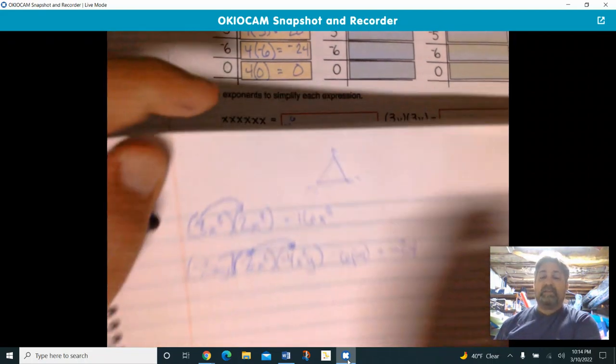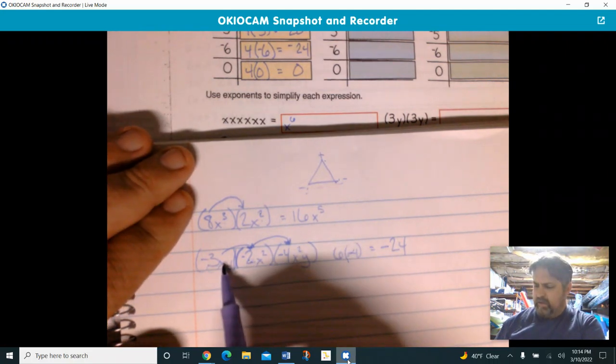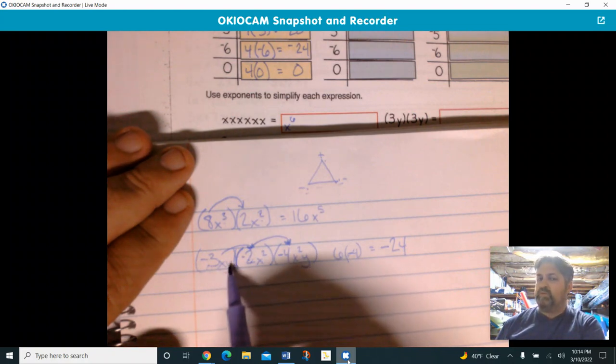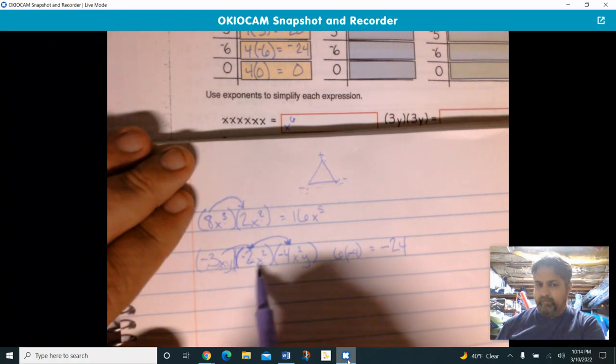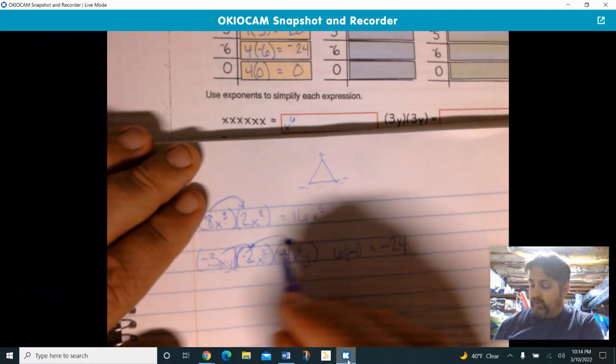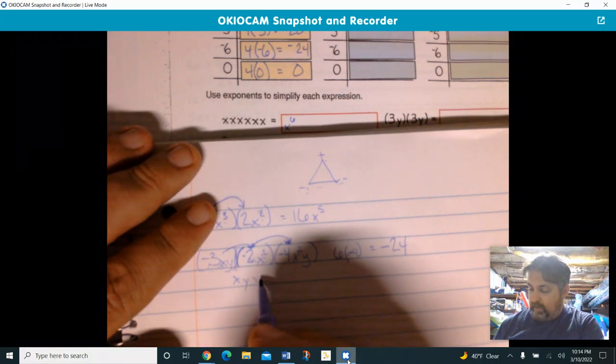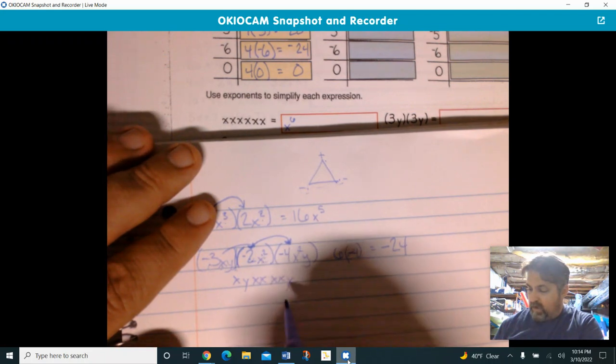Sweet, we got that. Now let's get our letters. Count up how many x's you have. There's an xy. Well, I got to count my x's, and I got to count my y's. All right, we'll do our x's first. 1, 2, 3, 4, 5, because that's x squared and x squared, right? If I wrote it out, it would look like x, y, x, x, x, x, y.